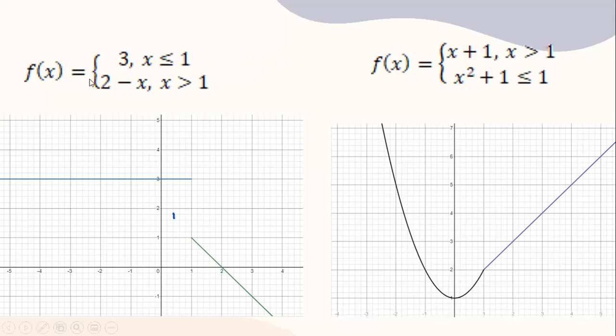So first, f of x is equal to 3 for x is less than or equal to 1, and 2 minus x for x is greater than 1. So how do we use our Desmos calculator for this piecewise function?